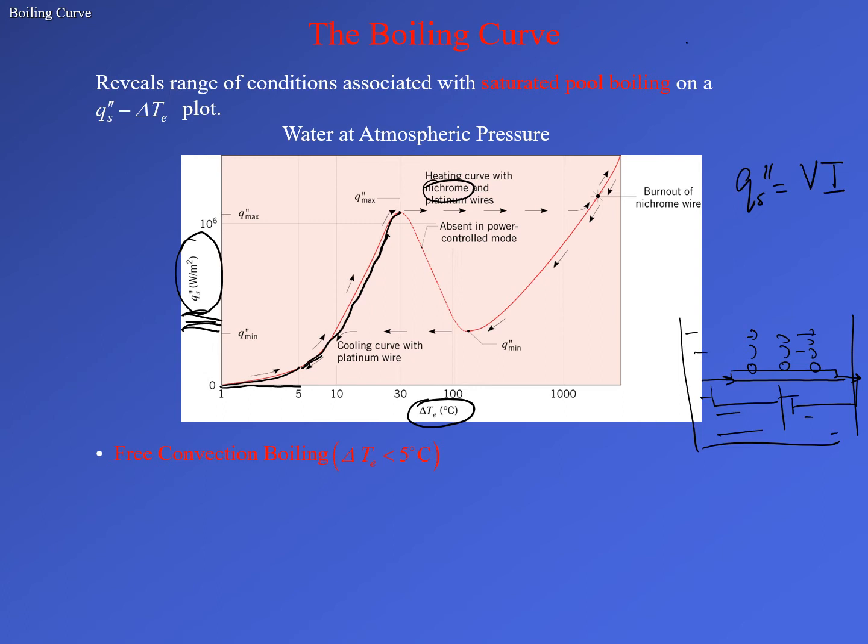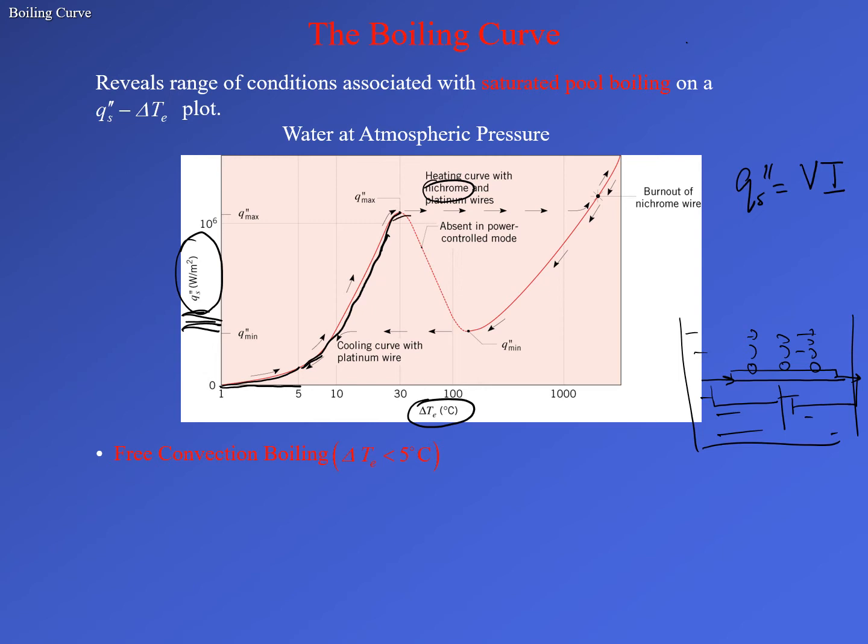Remember, we are controlling using a potentiometer. We are controlling the voltage across the nichrome wire, and as we try to increase the QS double prime further by increasing the potential difference across the wire, we see that there is a sudden increase.